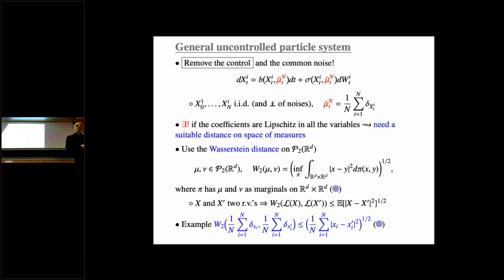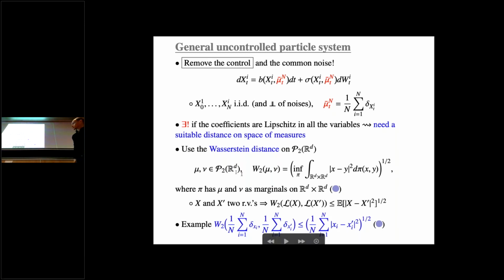On the product space, you can have a look at probability measures which are couplings between mu and nu, in the sense that the first marginal is mu and the second marginal is nu. If you think of random variables, somehow you think of pi as the law of (x1, x2), and you require that the law of x1 is mu and the law of x2 is nu. And somehow you care about the joint law of the two random variables.